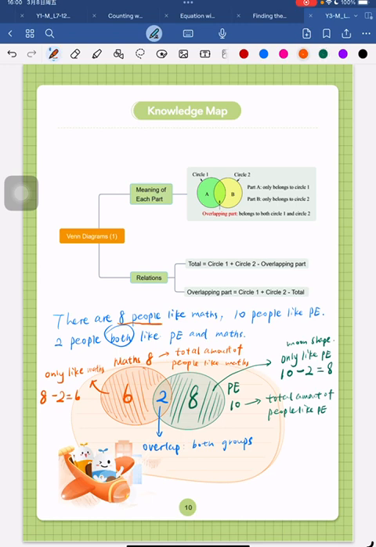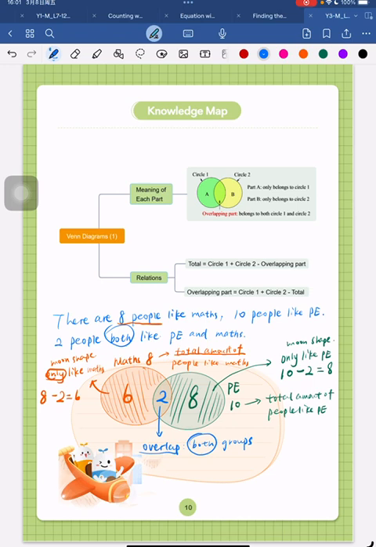Always keep in mind, the whole circle stands for the total amount of people in the group. The moon shape stands for the people who only belong to the group, while the overlapped part stands for the people in both of the groups. So that's the difference between the whole circle, the moon shape, and the overlapped part.